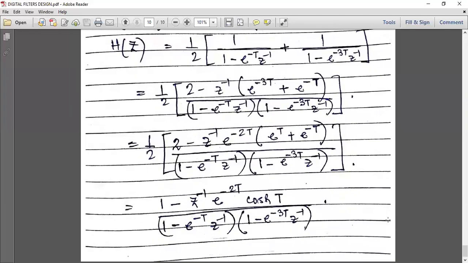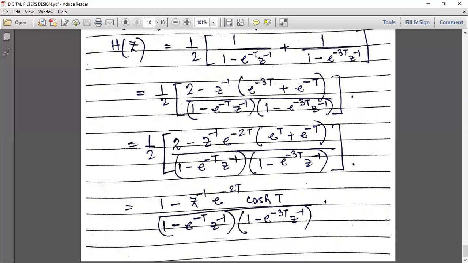Now in the last step, I have omitted half, and the result comes out to be 1 minus z inverse e to the power minus 2t into cosh t, by the denominator, which is the same: 1 minus e to the power minus t into z to the power minus 1 into 1 minus e to the power minus 3t into z to the power minus 1.